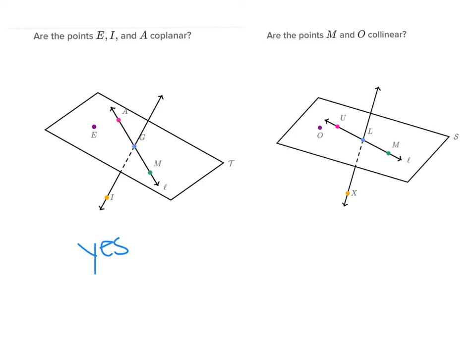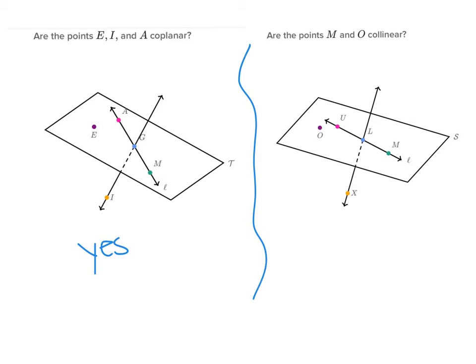Okay, so very similarly on the second question here, are the points M and O collinear? It might be almost easier for you to make sense of this problem here. M and L, very obviously collinear. M and U, again, collinear.